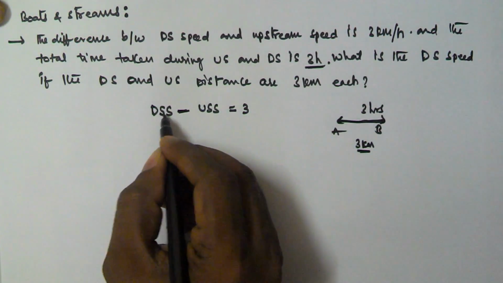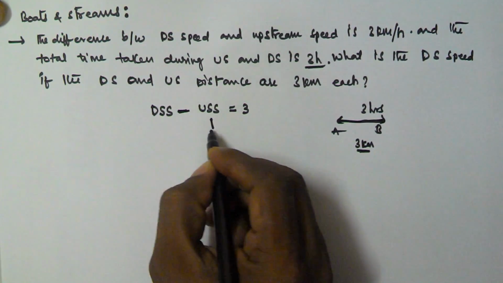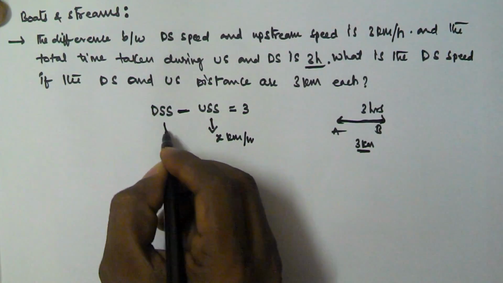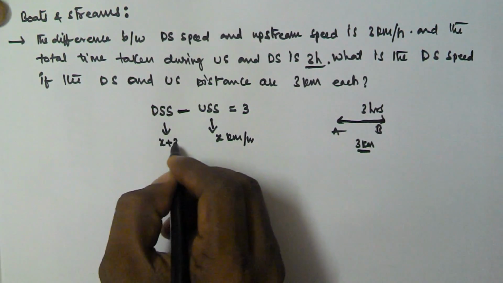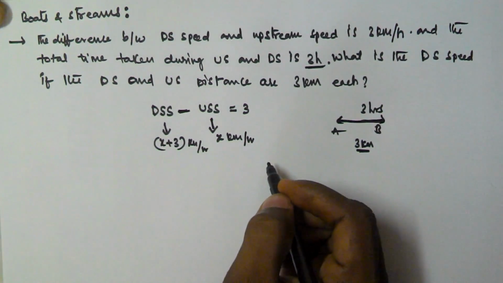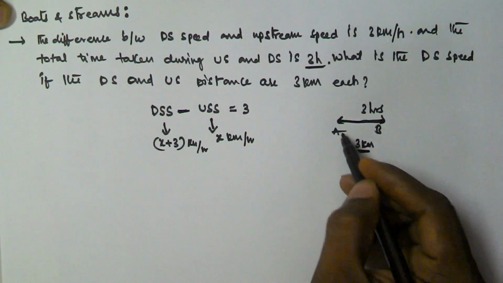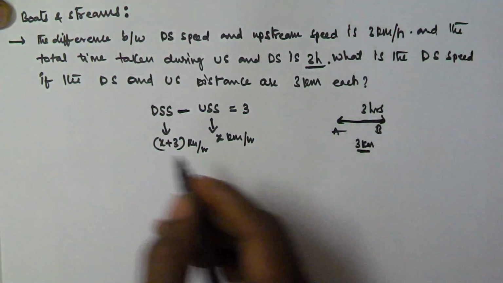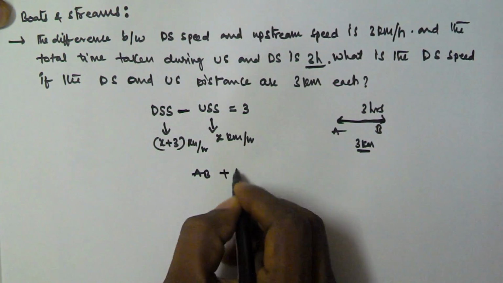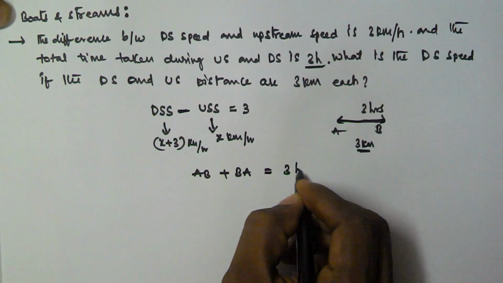So the difference between downstream speed and upstream speed is 3 kilometers per hour. So I take upstream speed as x kilometers per hour. Then the downstream speed is going to be x plus 3 kilometers per hour. Now the total time is given as how much? 3 hours to travel from A to B and B to A. So the time from A to B plus B to A is 3 hours.